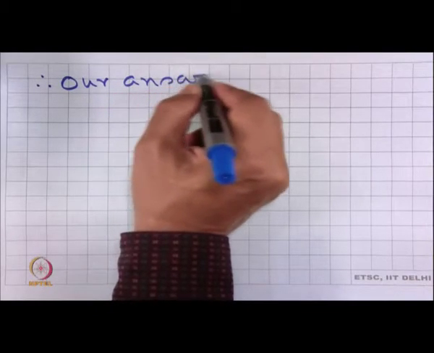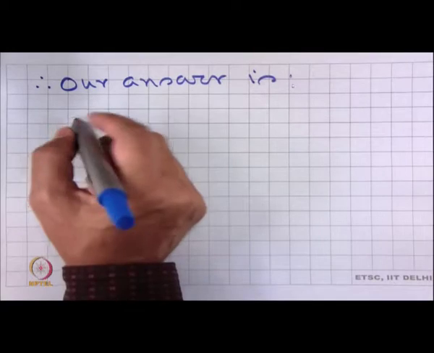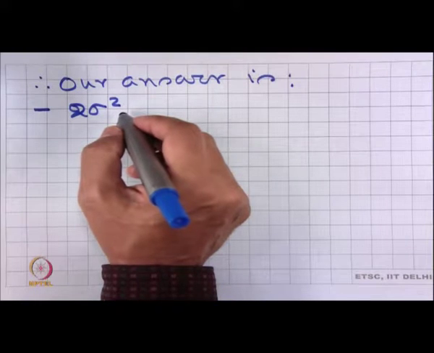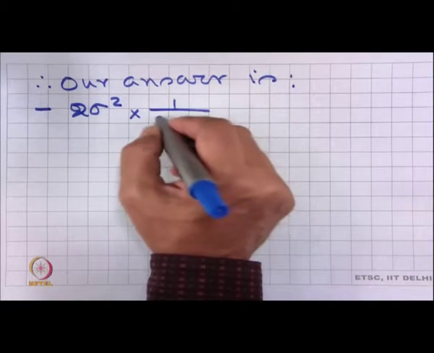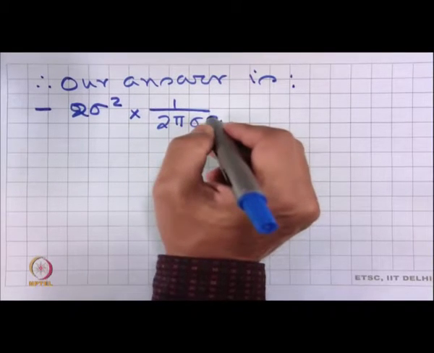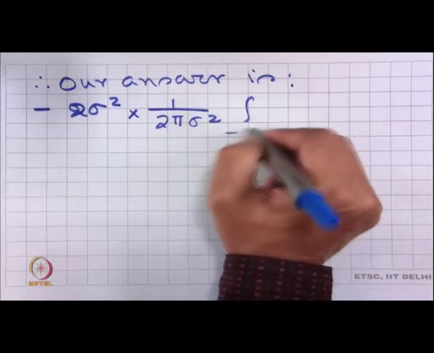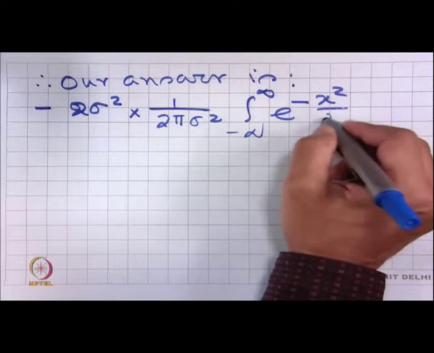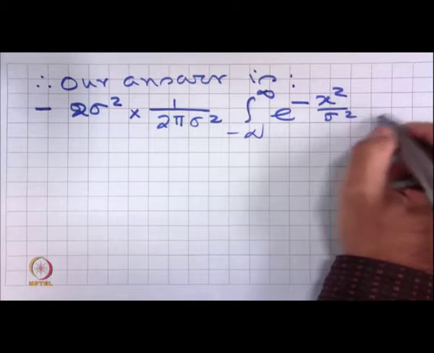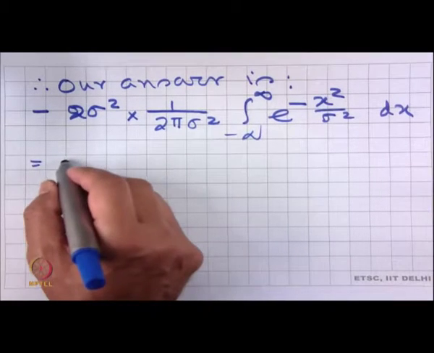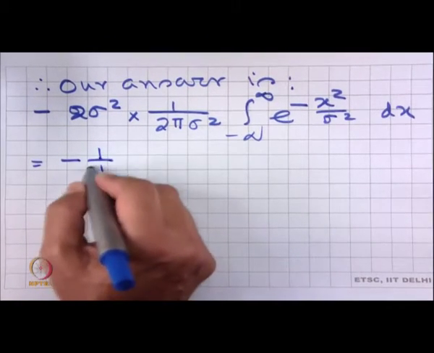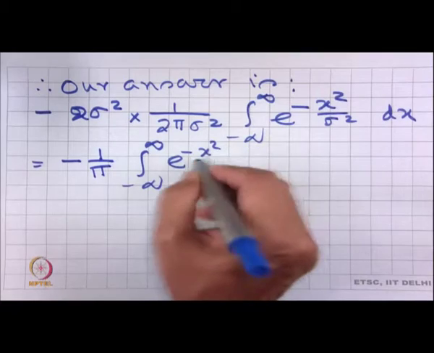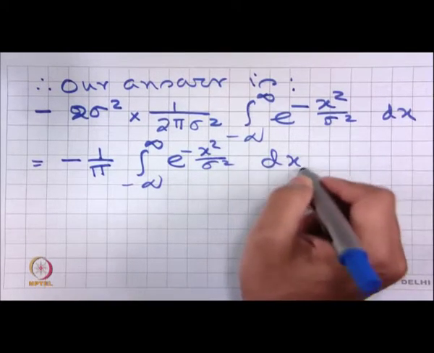Therefore, our answer is minus 2 sigma square into 1 over 2 pi sigma square into the integration from minus infinity to infinity of e to the power minus x square upon sigma square dx, which is equal to minus 1 upon pi into the integration of e to the power minus x square upon sigma square dx.